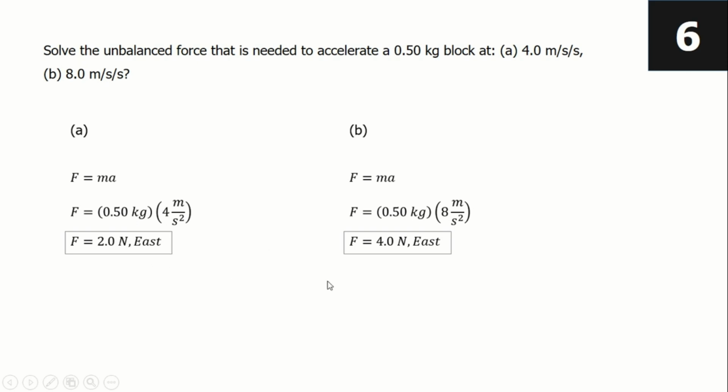In other words, if you apply more net force on a particular object, it will result in a greater acceleration. A net force of 4 newtons resulted in an acceleration of 8 meters per second squared, while if that value is halved, a net force of 2 newtons will result in an acceleration of only 4 meters per second squared.